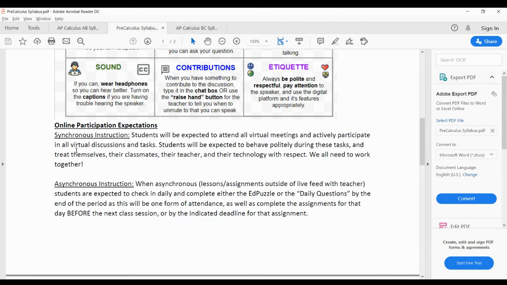And typically, I plan on starting off at least with Edpuzzle. If it gets to be too burdensome making these, then maybe I'll just switch to a daily question sort of thing. The asynchronous days, expect those to be mainly your lectures, while your synchronous days will be time for us to discuss or for you to work on assessments.